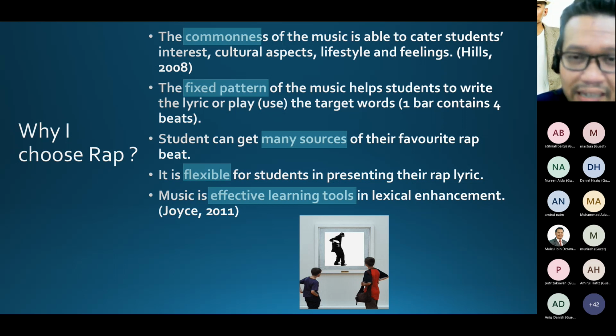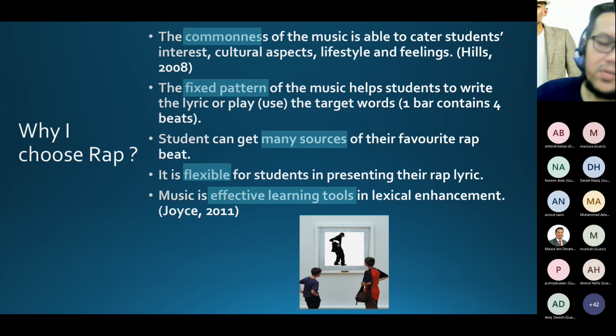If my student is Indonesian, maybe I can use it. But rap, I can use it to a variety of students. Nanti kita tengok why. One of the important aspects is the commonness. Dia boleh cater to all student interest, cultural aspect, lifestyle and feeling.